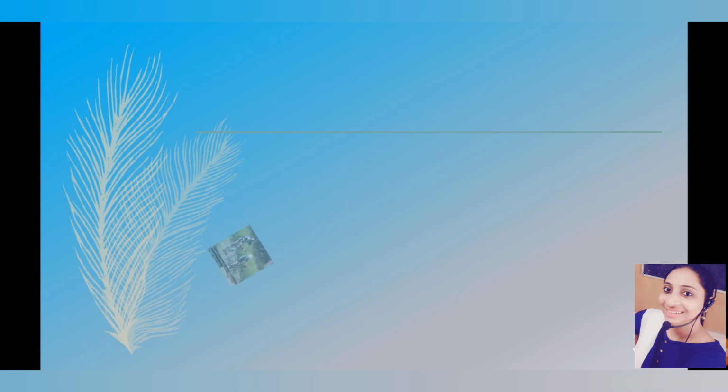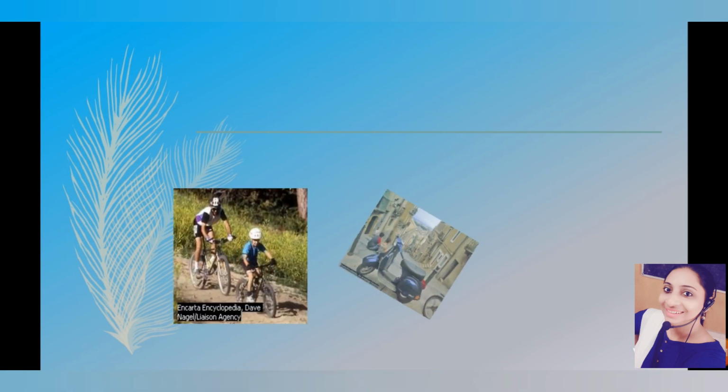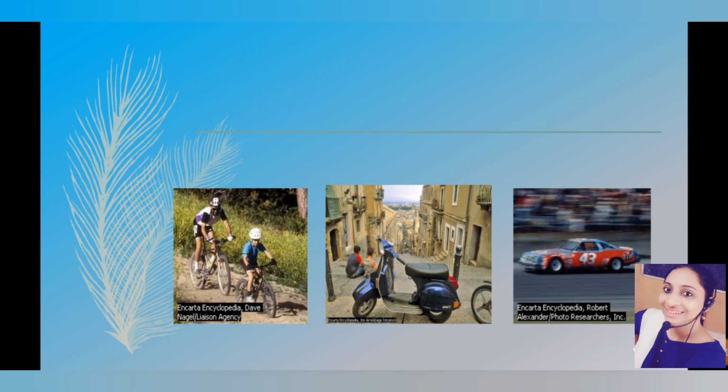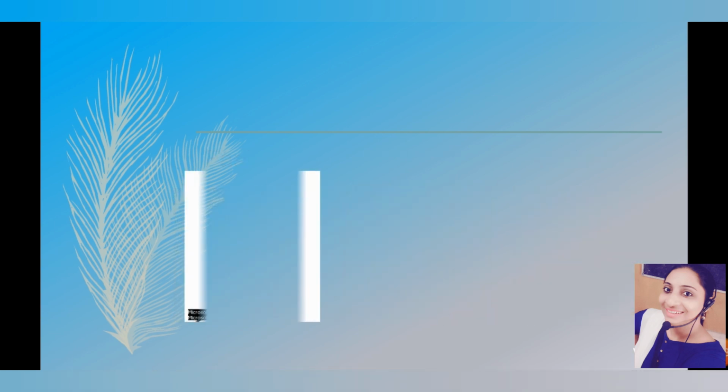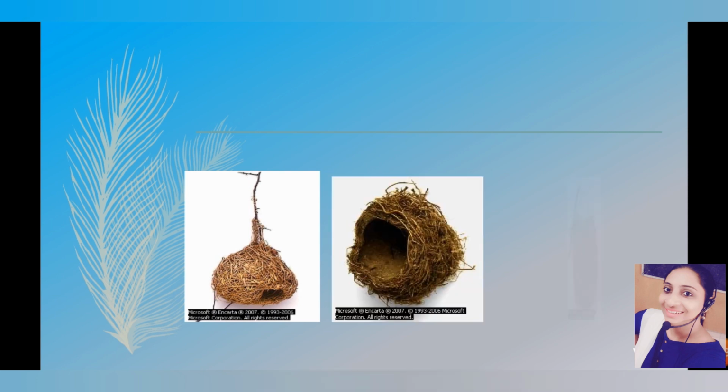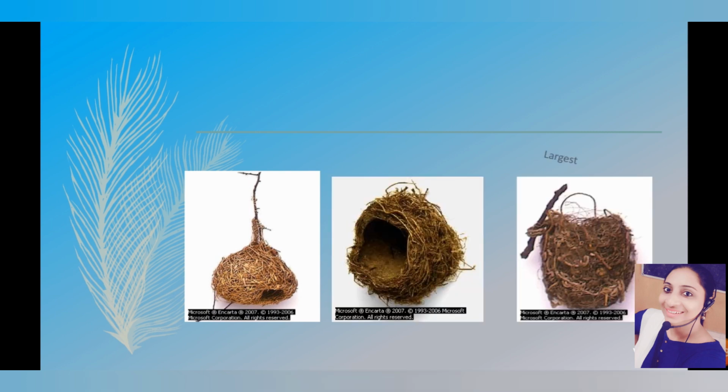Let's see next. Okay, see these pictures. Fast, dash, and fastest. What will be the comparative degree of fast? It is faster. Very good. Let's see the next. See these pictures. Okay, the superlative degree is largest.